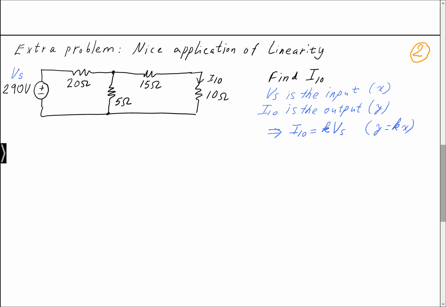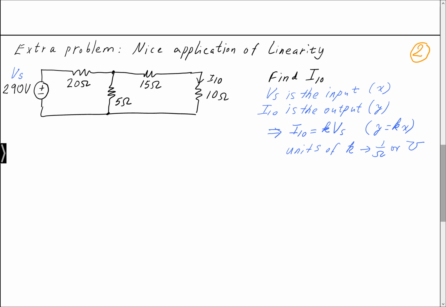So whatever Vs is, I10 is a scaled version of Vs. That's what it means. And as far as units, just as an aside, the units of K would be 1 over ohms, or mhos. But given any Vs, if you multiply it by K, if we knew what K was, you would get I10.